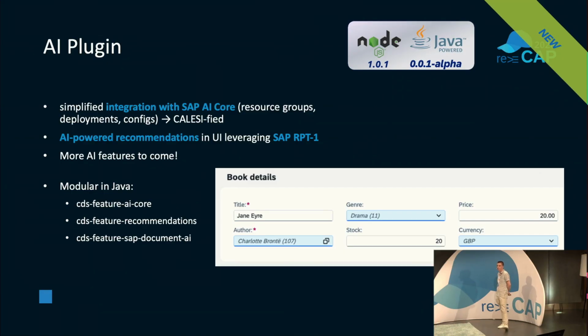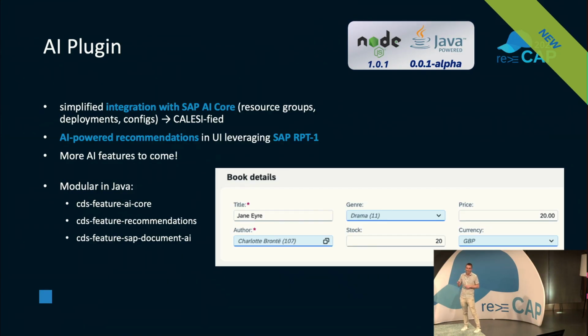The goal is really that this plugin is the one-stop shop for all of your AI integrations, infusing AI capabilities via AI Core into your CAP applications. And everybody who ever tried to set up and used AI Core before also knows how tedious it is.